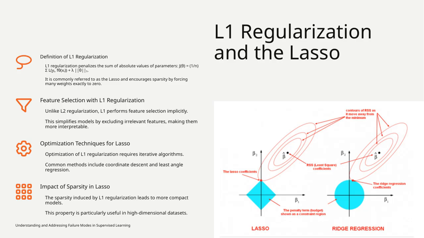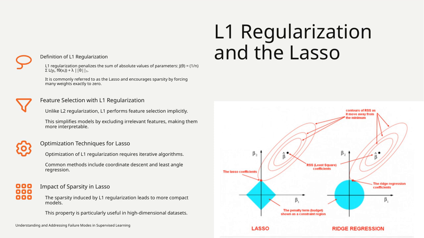The sparsity induced by L1 regularization has a significant impact. It leads to more compact models, which are not only easier to interpret, but also computationally more efficient. This is particularly useful in high-dimensional datasets, where reducing complexity can make a big difference in performance and understanding.